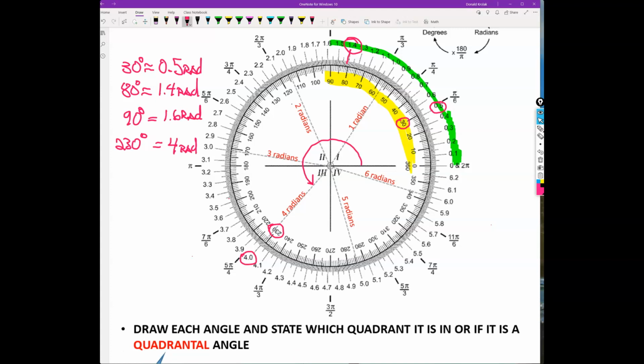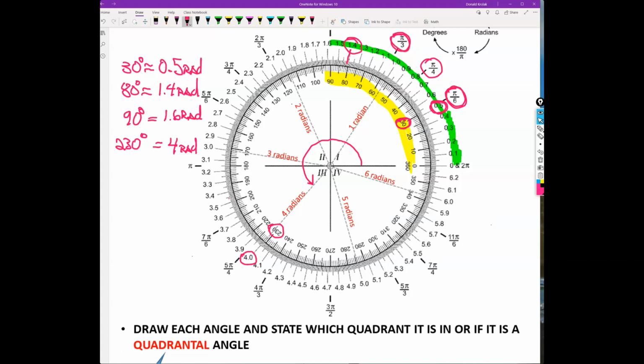Now, when we draw radians, we often express the radian, instead of using a decimal, with these symbols here, like pi over 3, pi over 4, pi over 6. So where do these come from? Pi over 6 is the same as 0.5 radians, which is the same as 30 degrees.